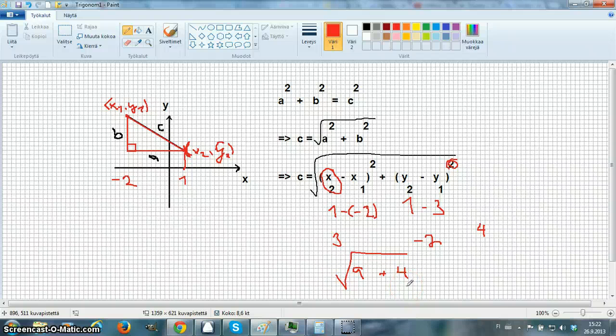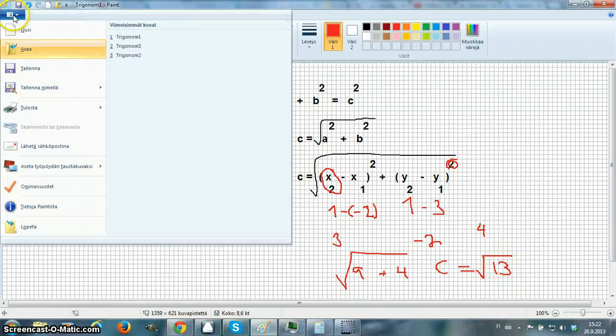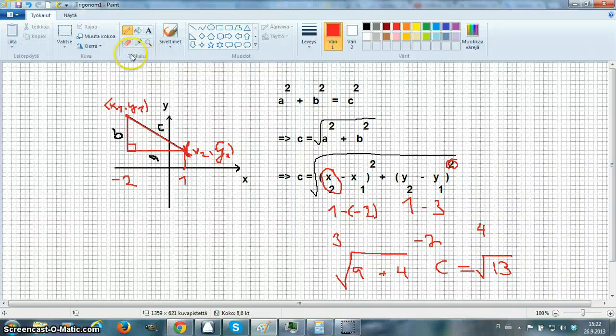So this becomes 13, and there is the answer for C. So C is the square root of 13. So, quite easy. Let's move on to another.